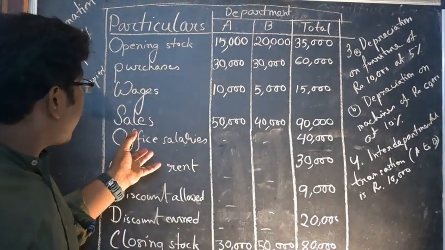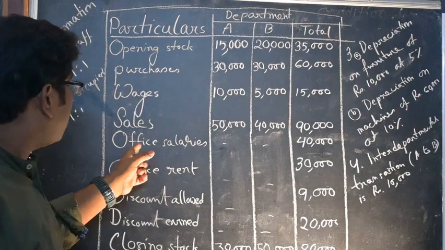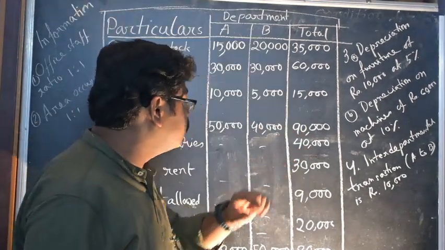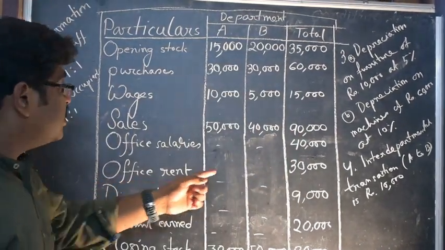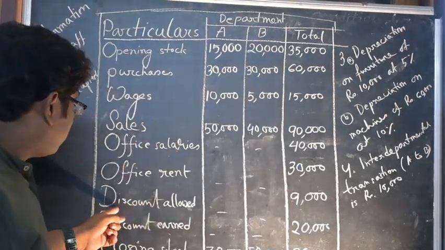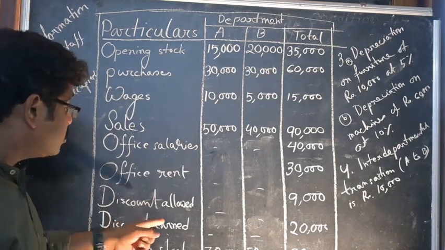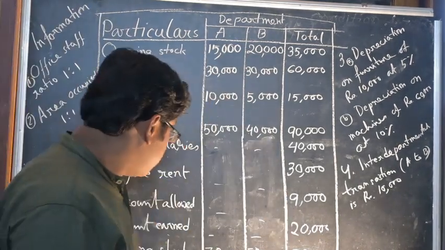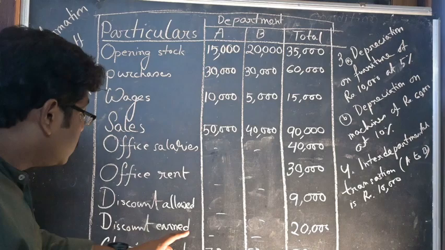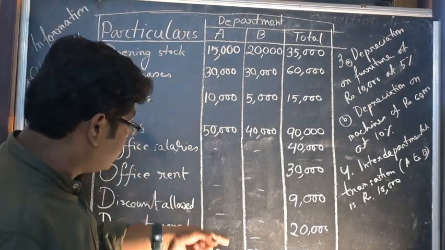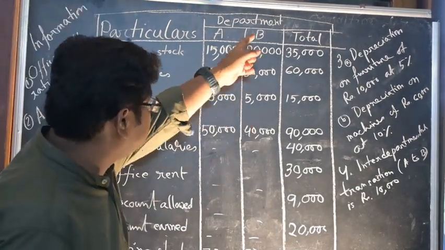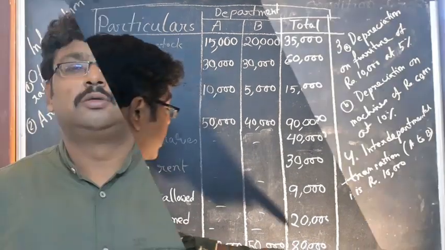And as a total, office salaries are 40,000, office rent is 30,000, discount allowed is 9,000, and discount earned is 20,000. And closing stock is 30,000 for department A and 50,000 for department B, and the total is 80,000.